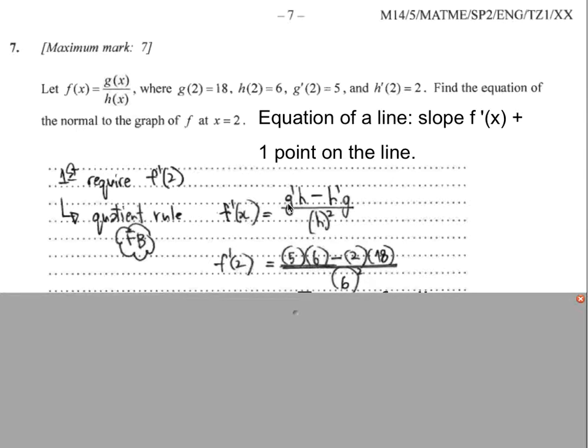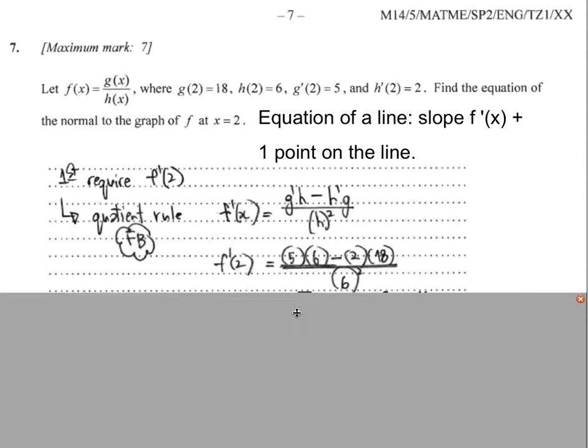So derivative of the numerator times the denominator minus derivative of the denominator times the numerator, again provided by your formula booklet, at the value of 2 in each case, divided by the value of the denominator at x equals 2 squared. So that would be 6 squared.